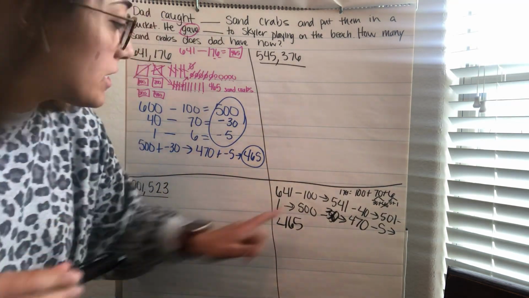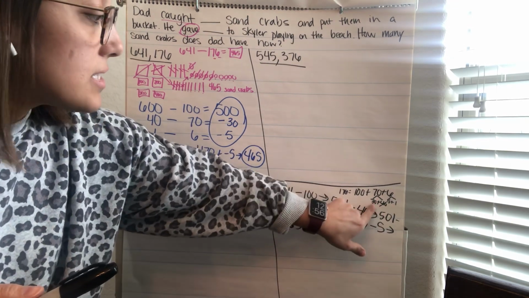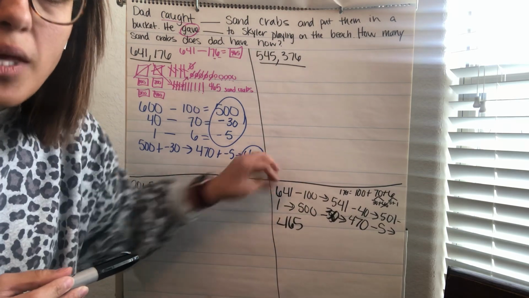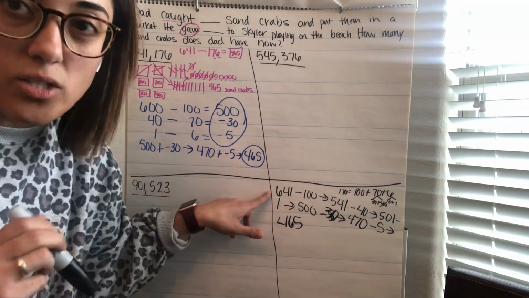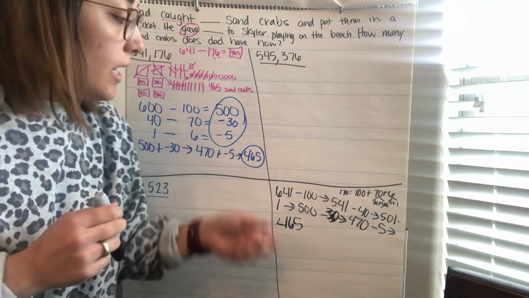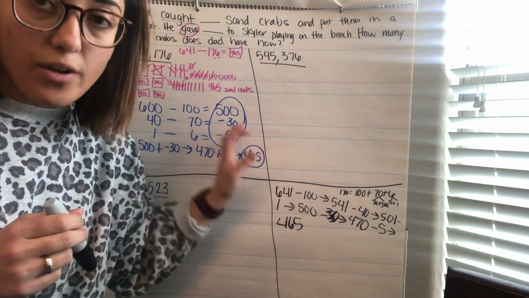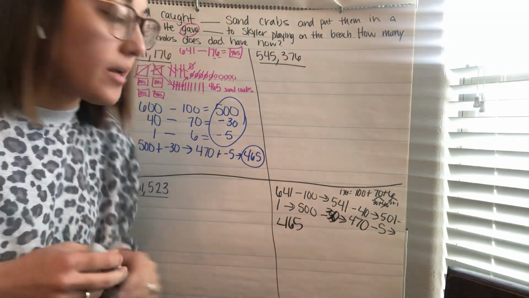Sorry. That's why I keep it up here, so that I can see what I'm taking away as I take it away. We call this incrementing or chunking, where they're taking away chunks. A lot of kids that understand this strategy can do it in their head pretty quick, and this is just how it needs to look on paper. Whatever they're doing in their head, they need to be able to write it down on paper.